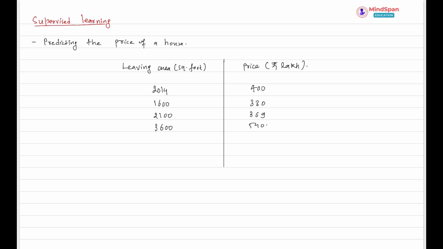The price of a house may depend on what season it is, what the location of the house is, who is in the neighborhood, what nearby facilities we have, or even the economic conditions currently going on in that country or place.